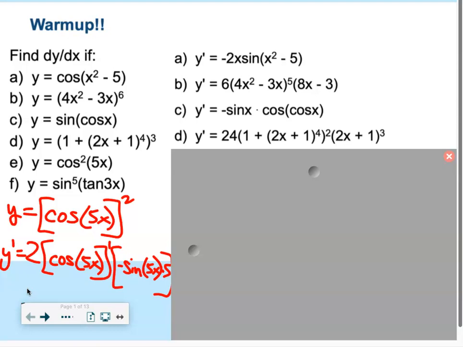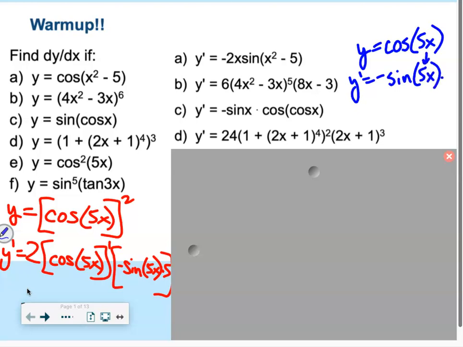Why is it times 5? So if I just gave you the problem, y equals cosine 5x with nothing else, and I said, what's the derivative? You'd say, all right, derivative of cosine is negative sine, guts stay the same, times the derivative of the guts, which is 5.